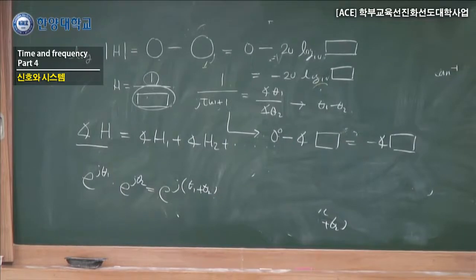So if you have something like that, you don't have to calculate the whole system, because if you already calculate this system, then 1 divided by this will be, magnitude wise, 0 minus the numerator value, which becomes minus like this. Phase wise, 0 degree minus the phase at the bottom, which is minus the phase at the bottom, which is what you can see over here.